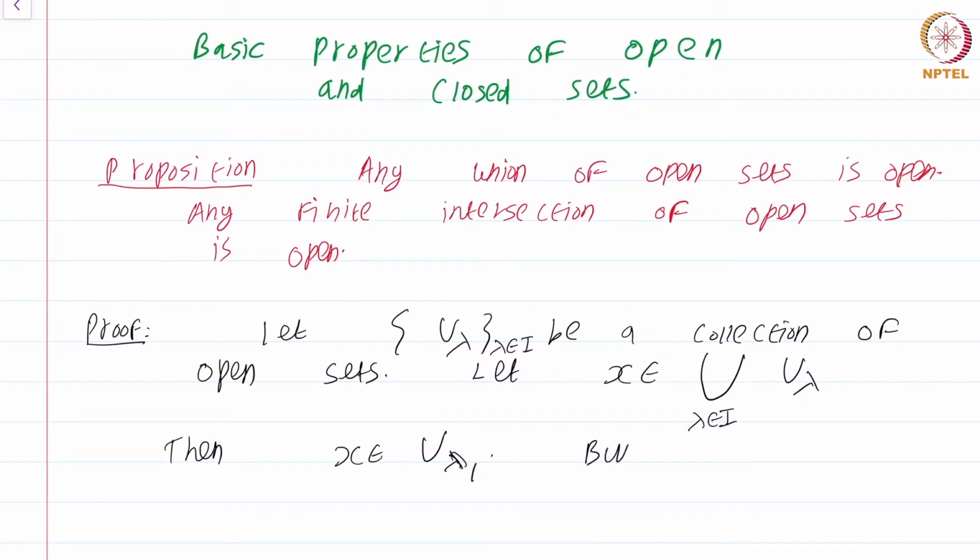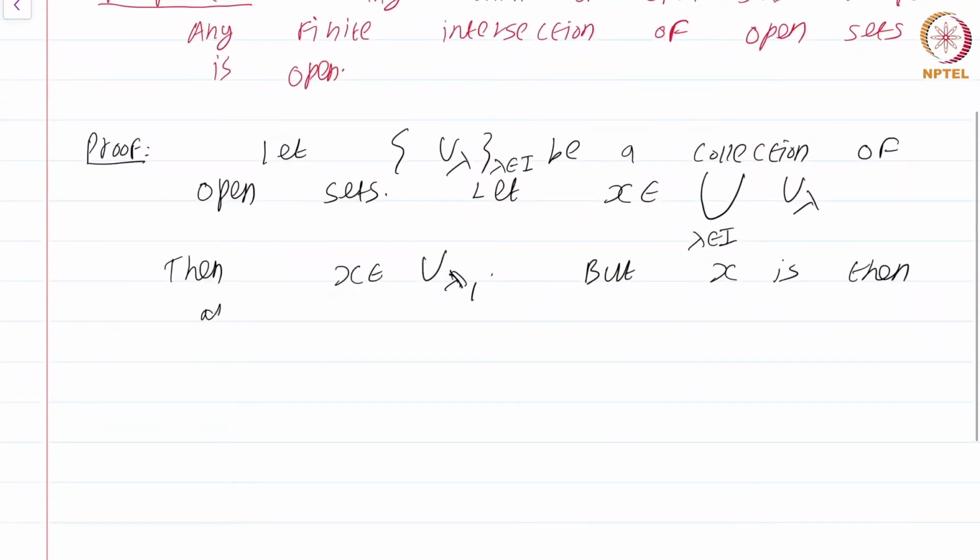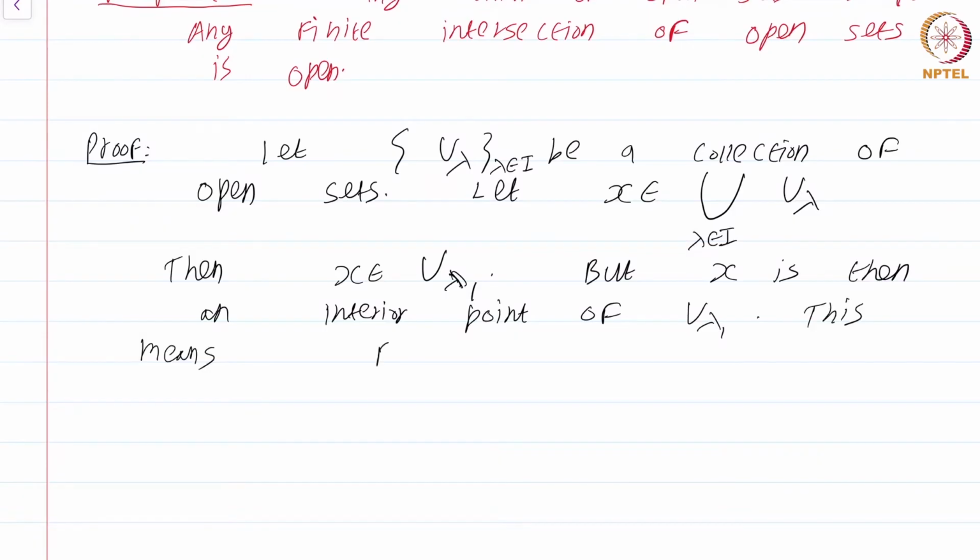But X is then an interior point of u lambda 1. This means B(X, r) is a subset of u lambda 1 for some r greater than 0.